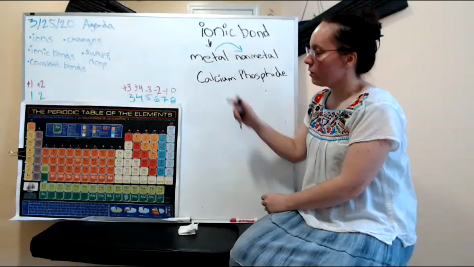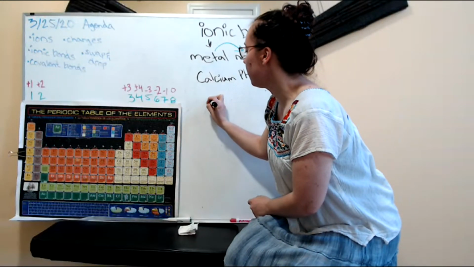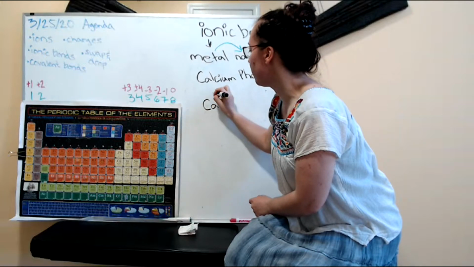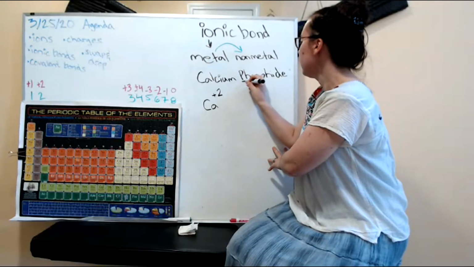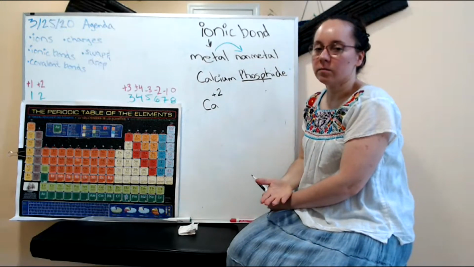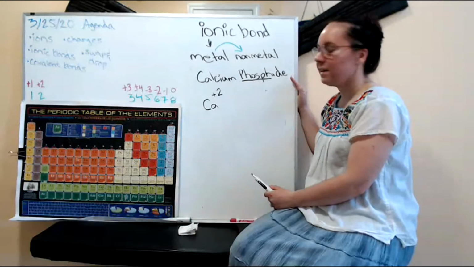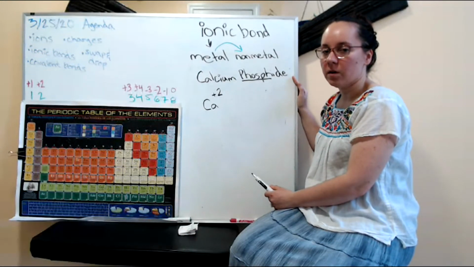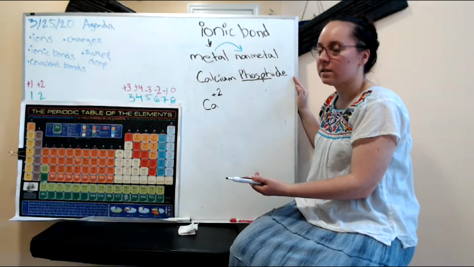Okay, so calcium is in group 2, meaning it has a charge of +2. Phosphide is talking about phosphorus. So just a bit of information that we'll go over later. When you see IDE at the end of a nonmetal, that means it's in an ionic bond usually, or it's in a bond, okay?